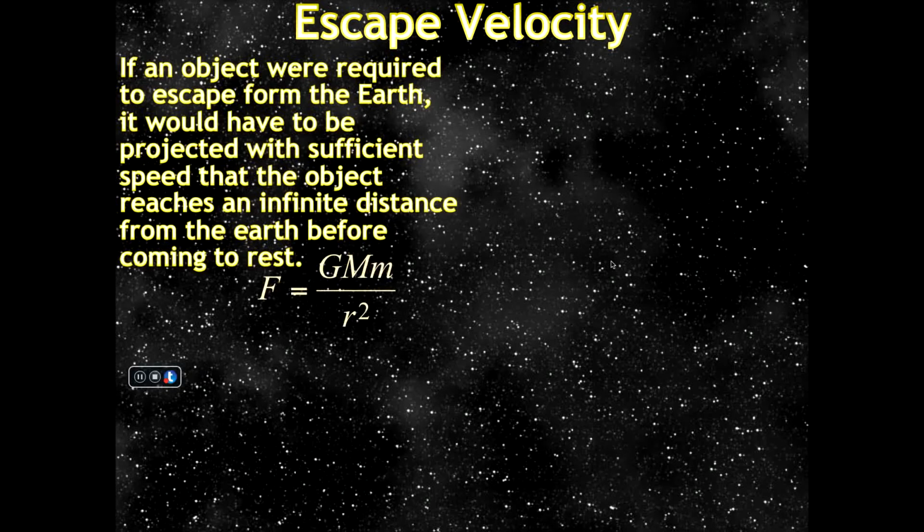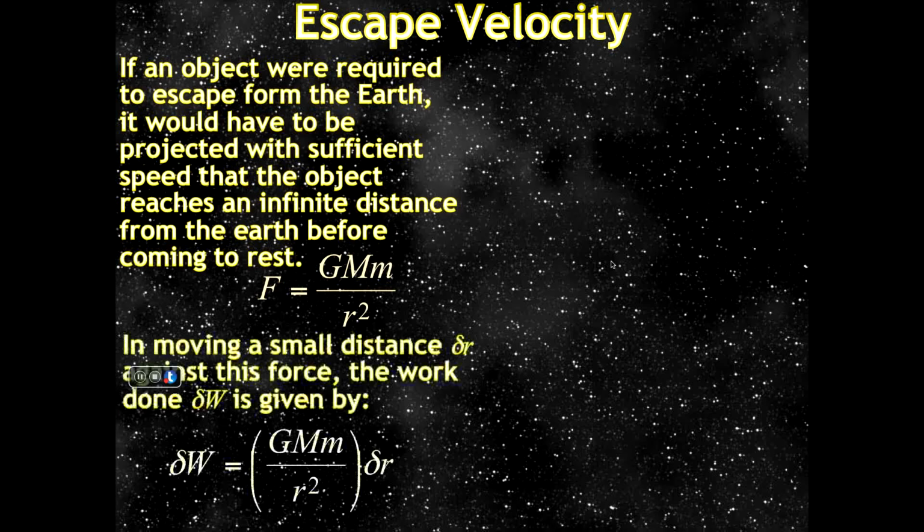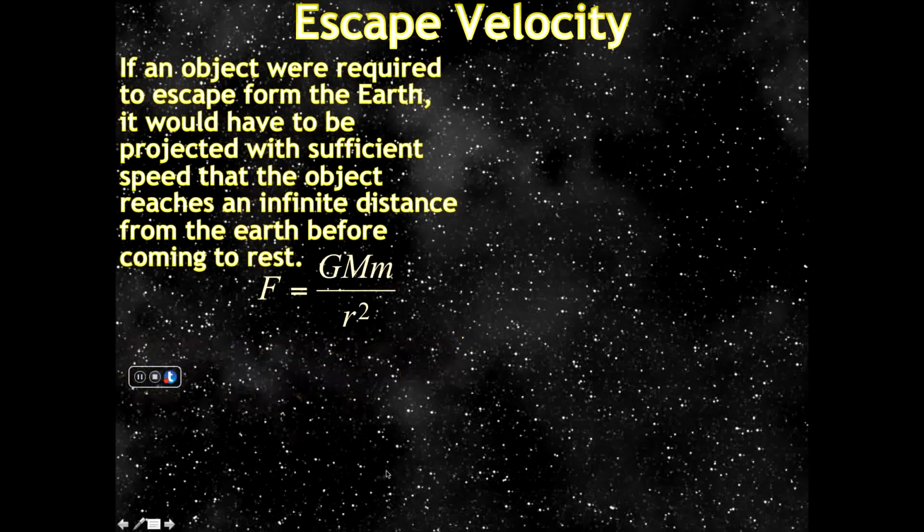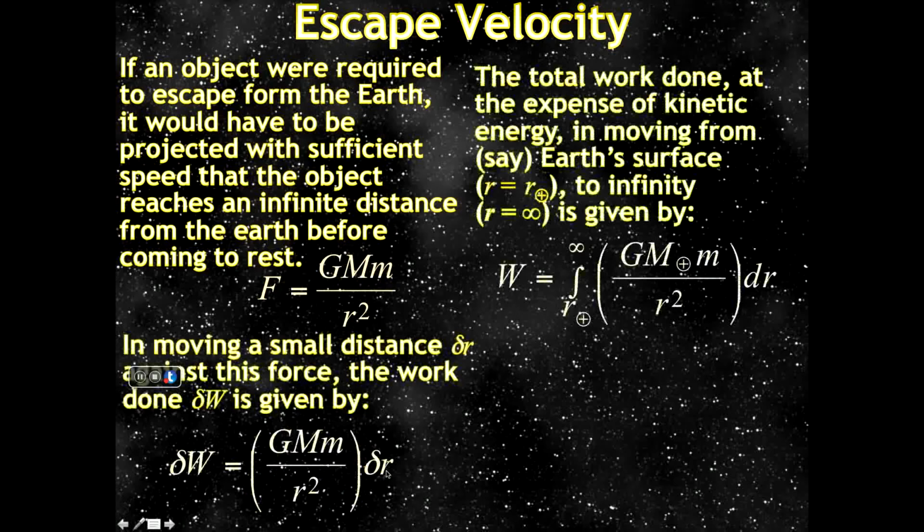Now remember that the force acting on it is F equals GMm over r squared, and we want to move a small distance dr against this force so that we do work dW. So this infinitesimal work done is the force times the distance. And so what you then have to do is integrate. We want to move from the surface of the Earth, so this is the radius of the Earth, to infinity.